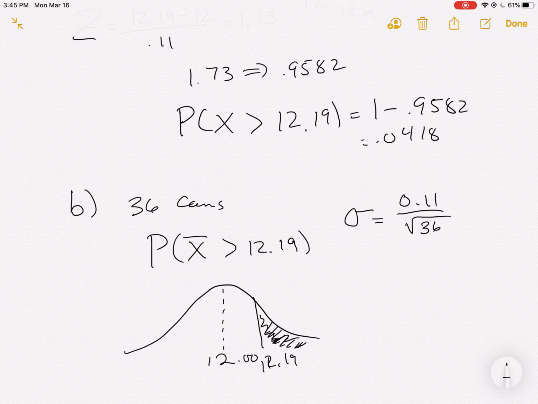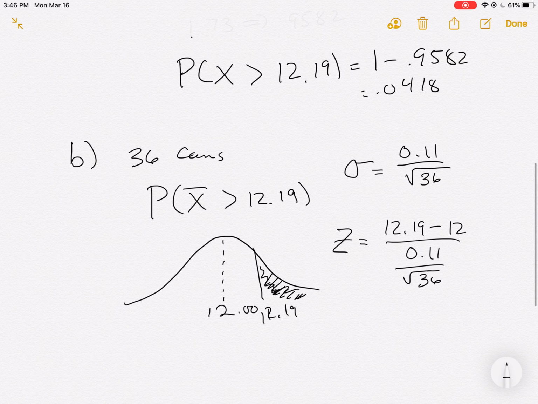Instead of calculating this out and writing some decimal approximation, the book would probably suggest that we find our z-score for 12.19 by subtracting 12, and then putting 0.11 all over the square root of 36. This is how it's going to have to be entered in the future sections, so we might as well get practice with that here.